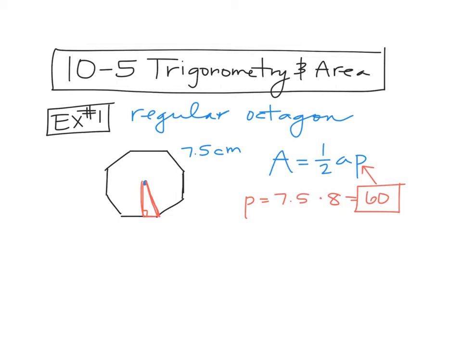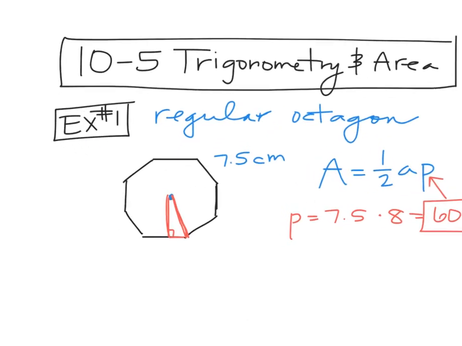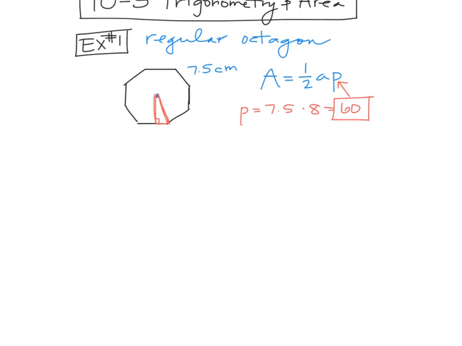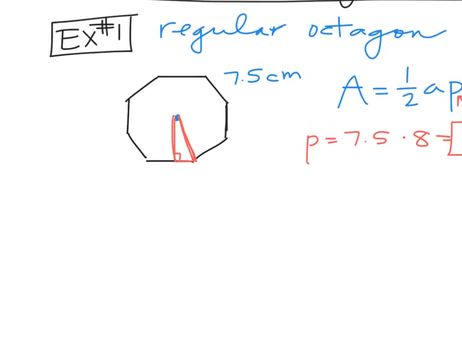Do you remember what you have to do next at this point? You did this in 10-3. You had to find what? You have to find the measure of the angle in that triangle, okay? You know what, rather than do that, I'm just gonna redraw that triangle so I can draw it a little bigger and neater.